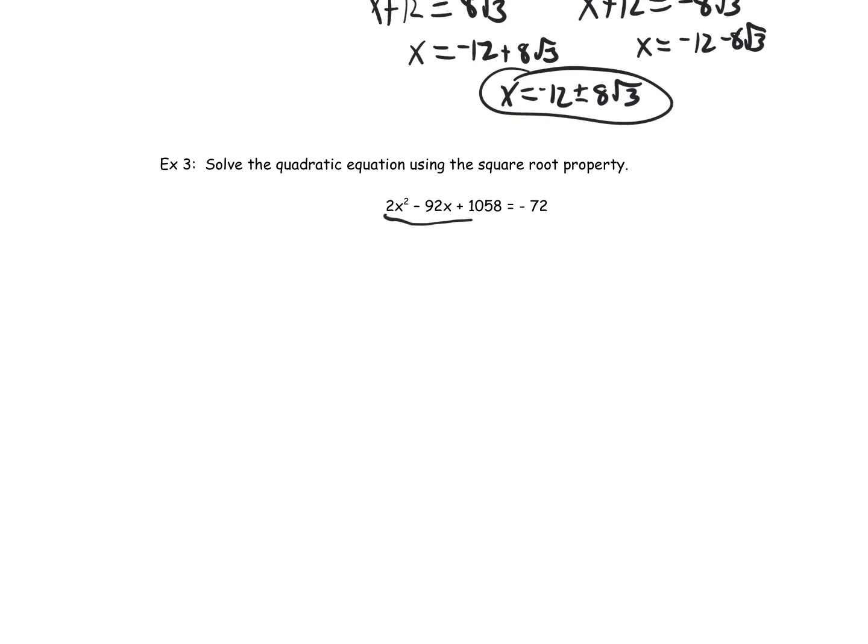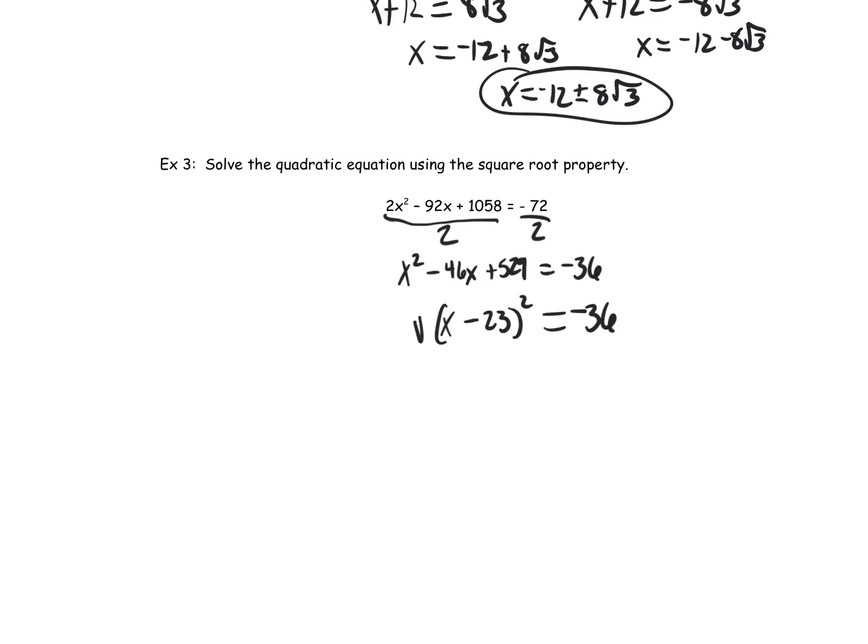However, I can divide both sides by 2 to get x squared minus 46x plus 529 equals negative 36. And I do know that x squared and 529 are perfect squares. The square root of 529 is 23. Separate those with that subtraction sign.